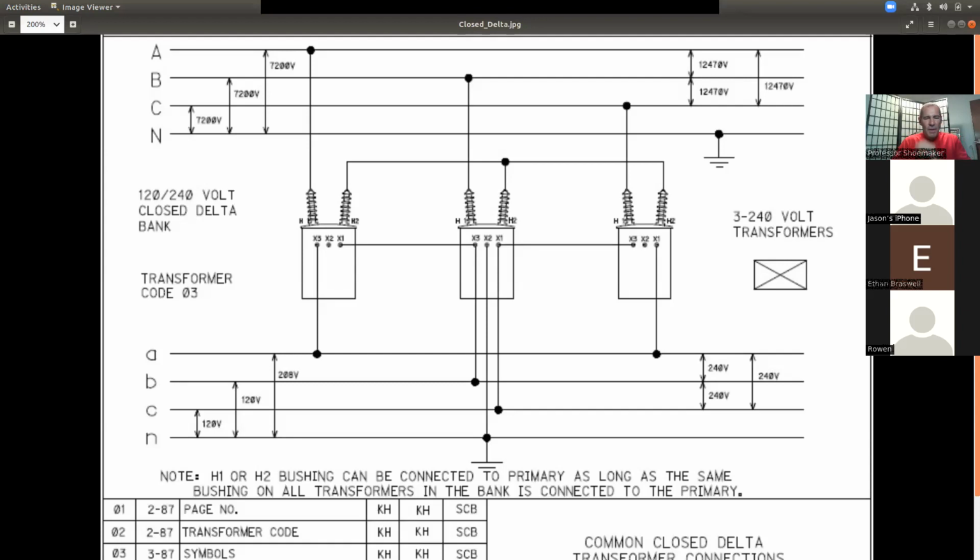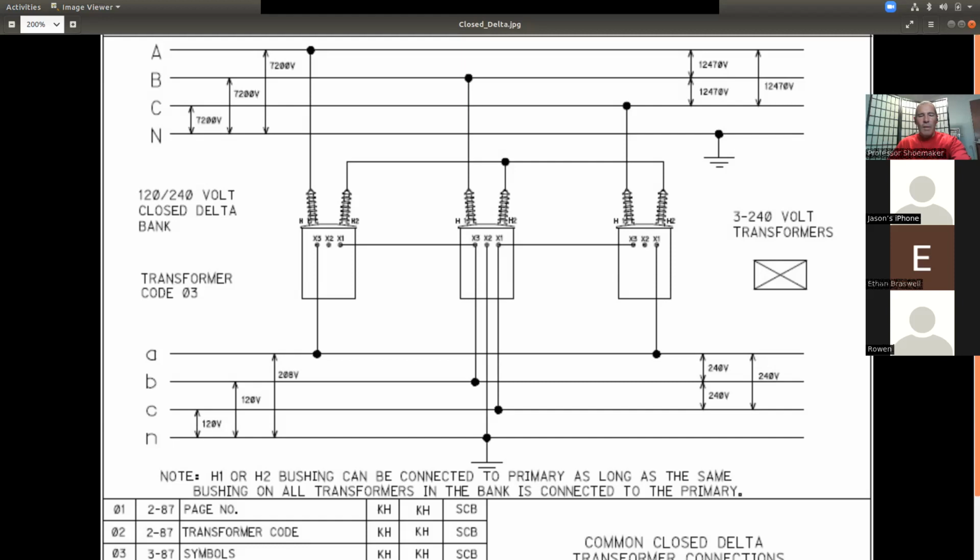Now it's a pretty strange thing to see right here. If you take your hand, and this is what I'm doing, I'm going to cover up the left-hand transformer completely with my hand, and I'm only going to show 2 transformers. Well, guess what kind of bank that is? And everything's the same as the last one.